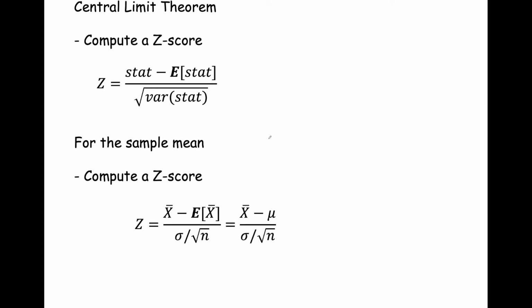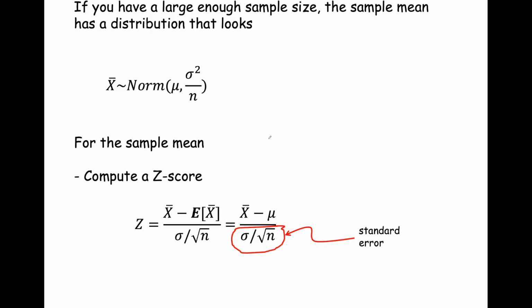Now, of course, the denominator has a name, and that denominator is often called the standard error. And the standard error refers to the standard deviation of some quantity that itself was some statistic.